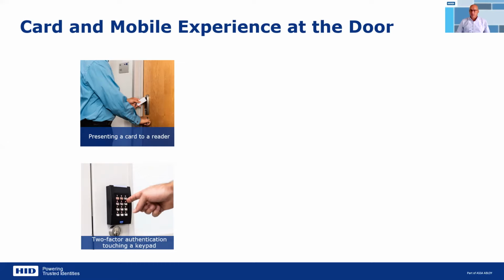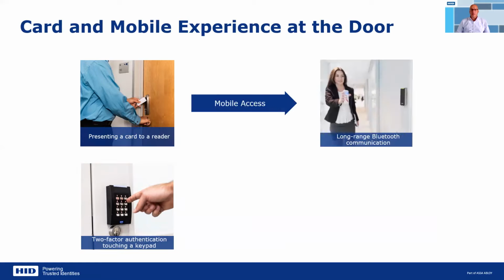So the current situation today at most of the corporation is that you are presenting the RFID card to the reader, or you are also entering the PIN if you have a two-factor authentication to grant you access. How is changing the mobile access? Instead of presenting your plastic RFID cards, you will be touching the reader with your smartphone, or you can even activate the reader from a longer distance using the long-range Bluetooth communication.